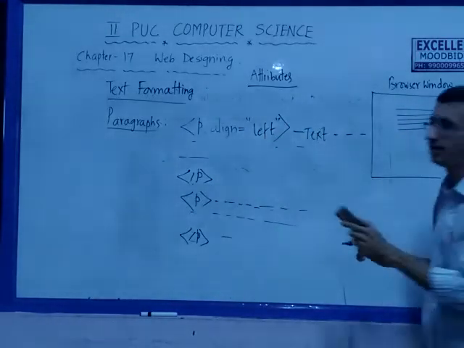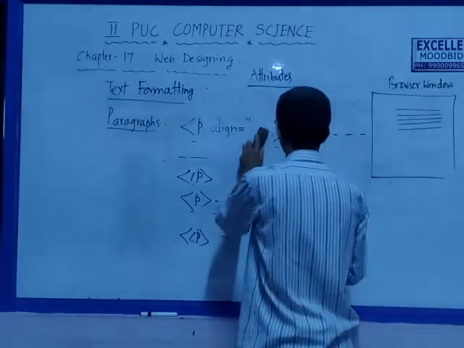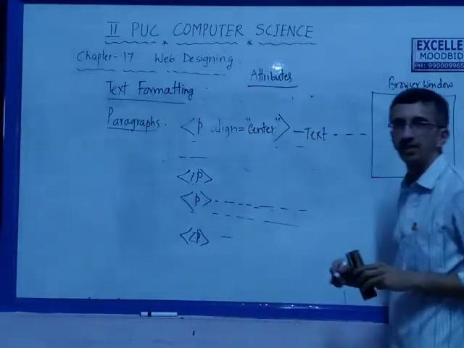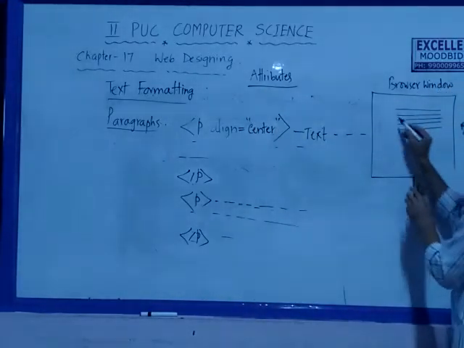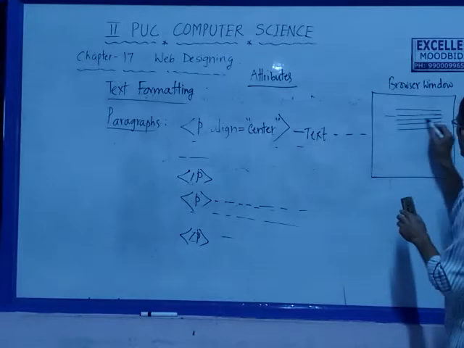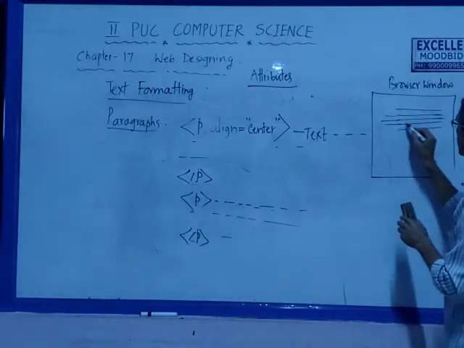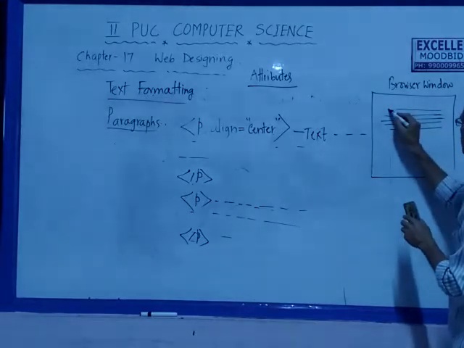Then alignment to the center. The text in the paragraph will be aligned centrally like this. There may be differences in the lengths of different lines of text.